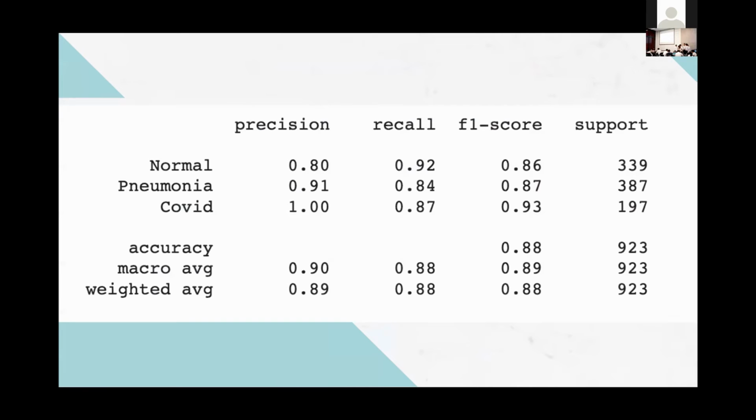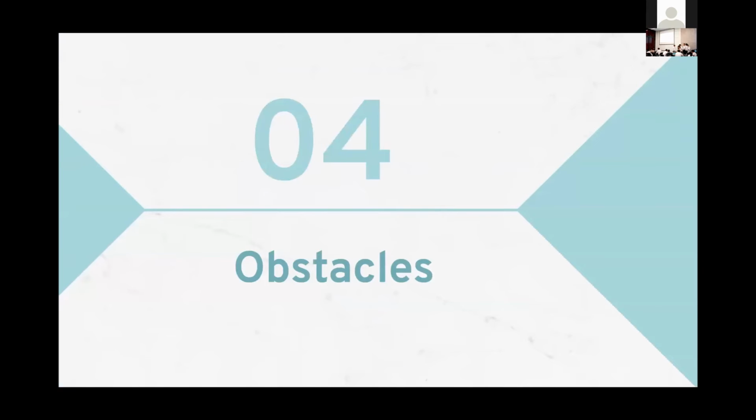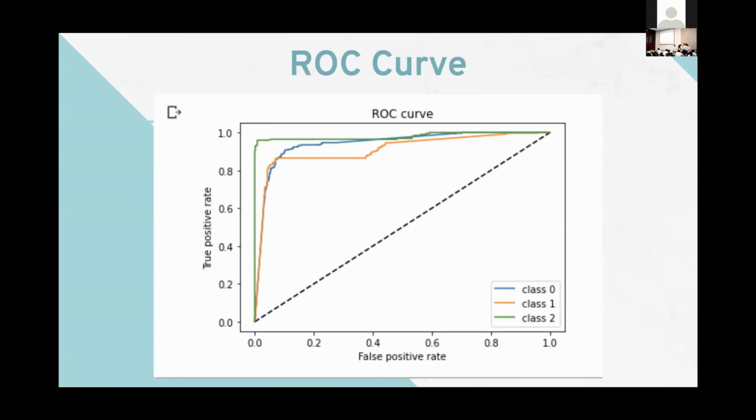This is our brief classification test report on the model, indicating precision and recall. This is our ROC and AUC, another visualization that we did to measure the performance of the machine.